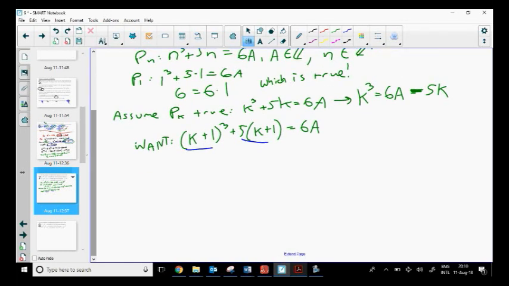Anyway, let's go. I think I'm going to start off with that right away. What is (k plus 1) cubed plus 5 times (k plus 1)? I think I am going to expand that. So (k plus 1) cubed is going to be k cubed plus 3k squared plus 3k plus 1. And then I'm also adding 5k plus 5. Now I'm not saying that this is equal to 6a yet. I want to show that this is equal to 6a. Well, what do I know for sure?